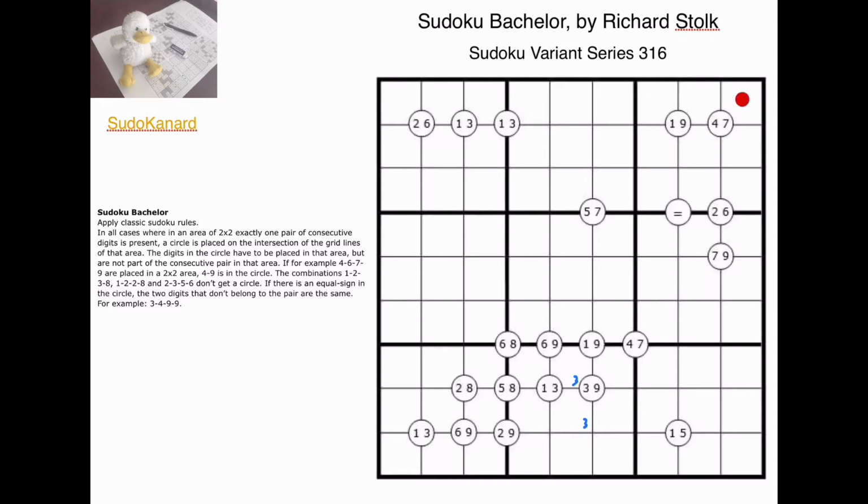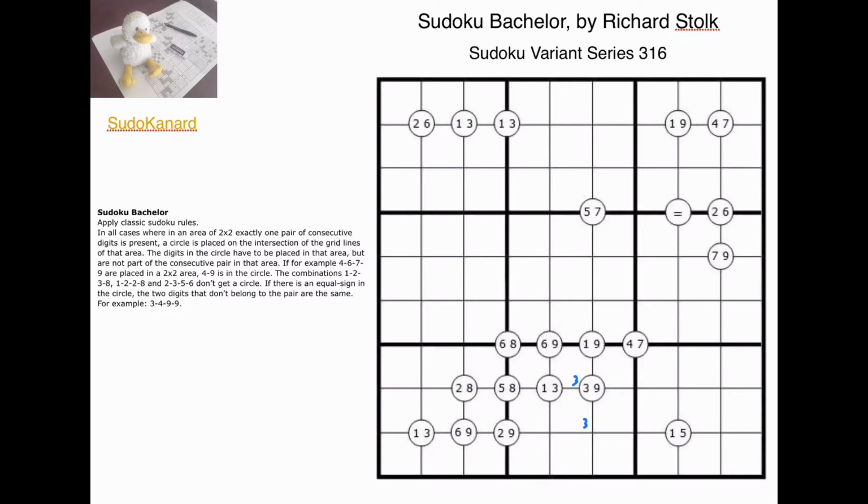Something else, let's have a look at this. We have a 4, a 7, and the remaining 2 digits must not be consecutive with either 4 or 7, so this rules out 3, 5, 6, and 8, and only 1, 2, and 9 remain.